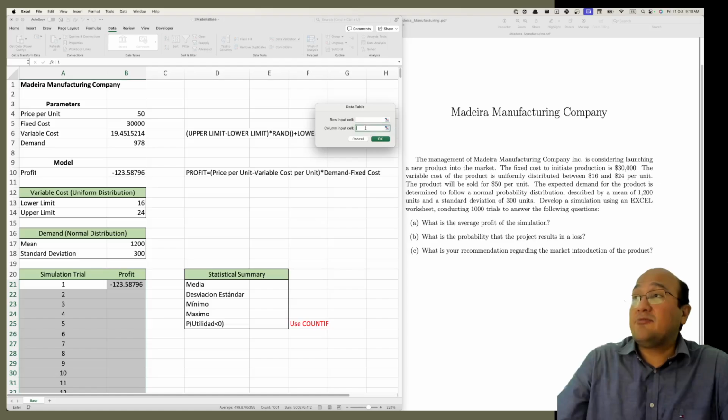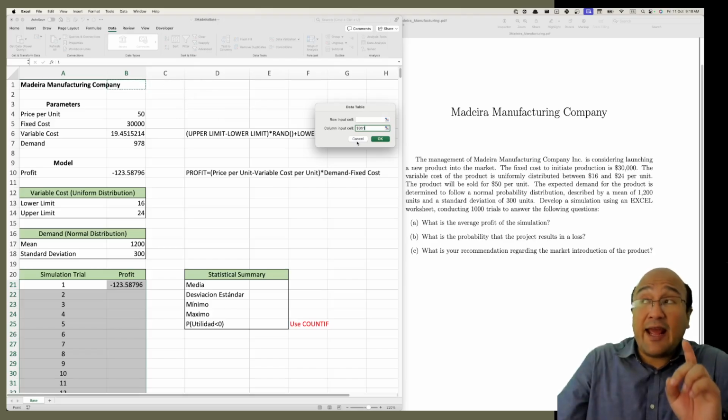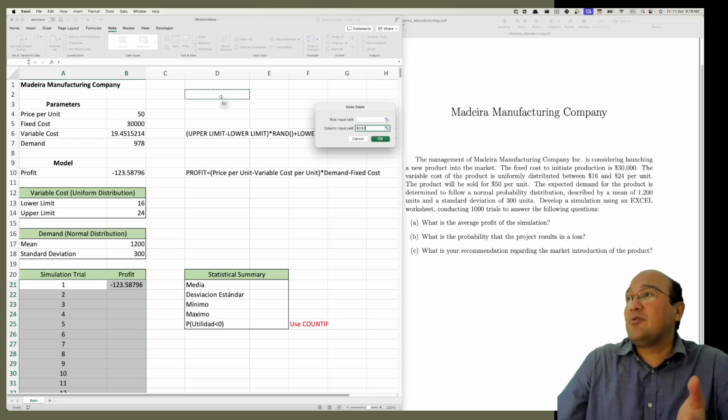We select a column input cell. I always like to select B1. Select an empty cell, okay? I have the B1 cell empty. You could select any empty cell, for example, D2, E2, any empty cell. In my case, I like to select B1.